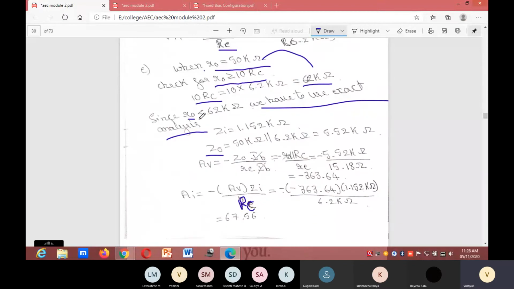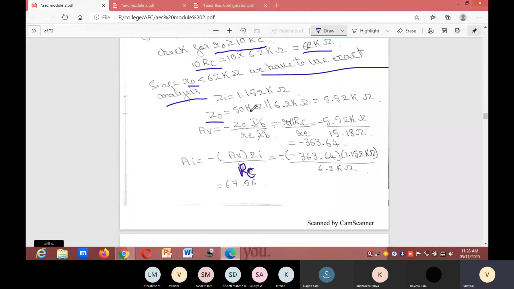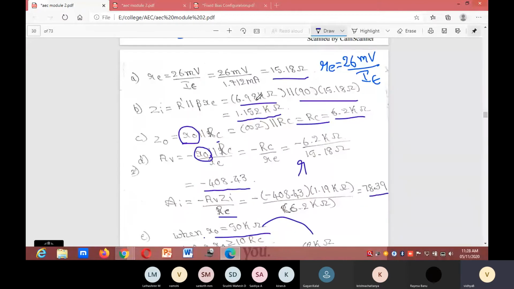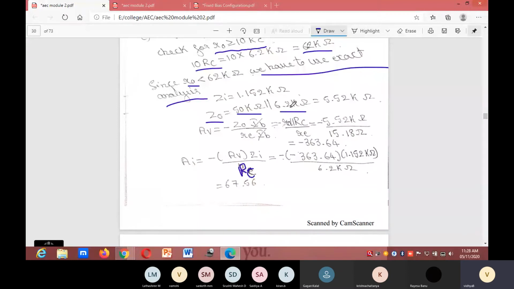So we should consider R naught parallel RC. R naught value is 50 kilo ohm, RC value is 6.2 kilo ohm. If you parallel these two, you will get 5.52 kilo ohm.